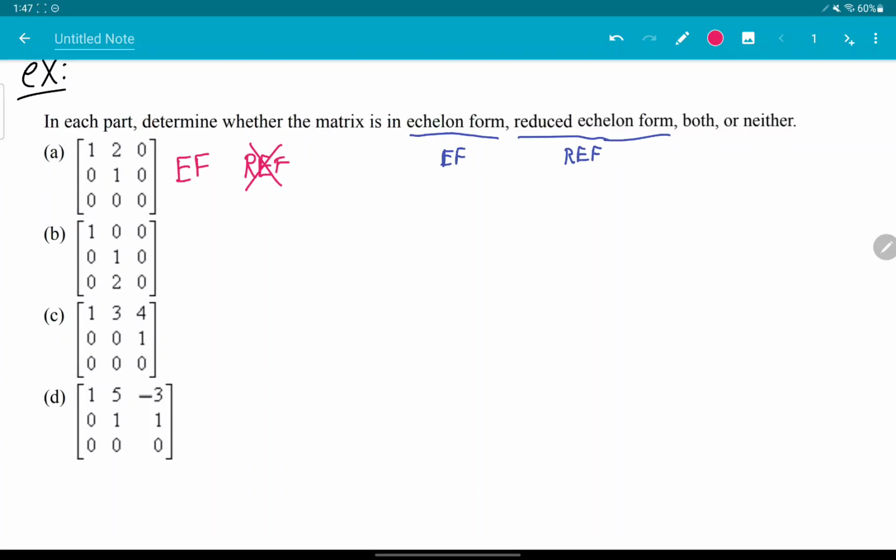So it's not REF. Second one, neither, because you don't have the staircase format. If I look at this leading entry, to be echelon form, I need all the leading entries below to be strictly to the right of this guy. Okay, but this 2 is not strictly to the right of this 1 here. So this is neither.